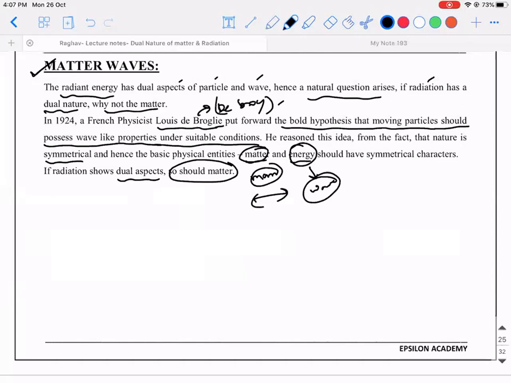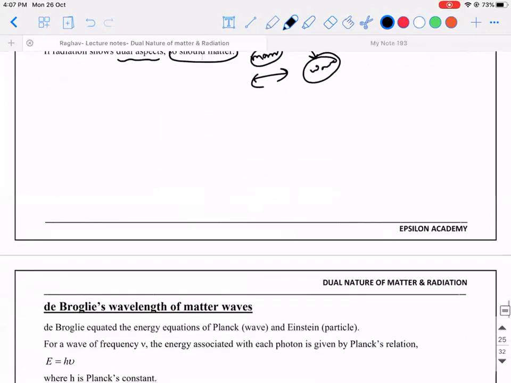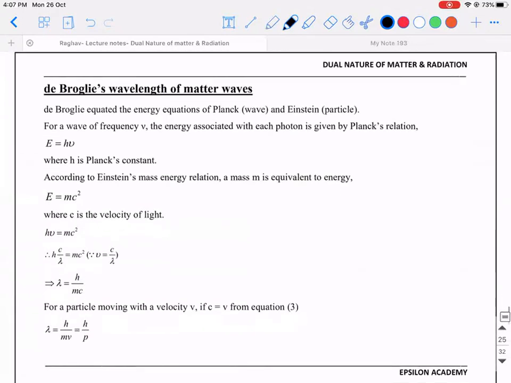You would have learned this also. You would have heard of de Broglie's wavelength of matter waves. Listen carefully: he came up with an equation by relating the energy equation of Planck and the energy equation proposed by Einstein.